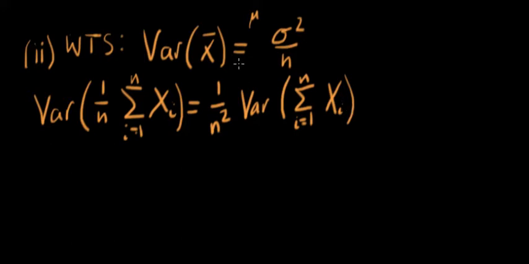Right? And here is where independence comes in. So we know that for independent random variables, the variance of their sum is actually the sum of their variances. So we end up with 1 over n squared times the sum of all of their variances.